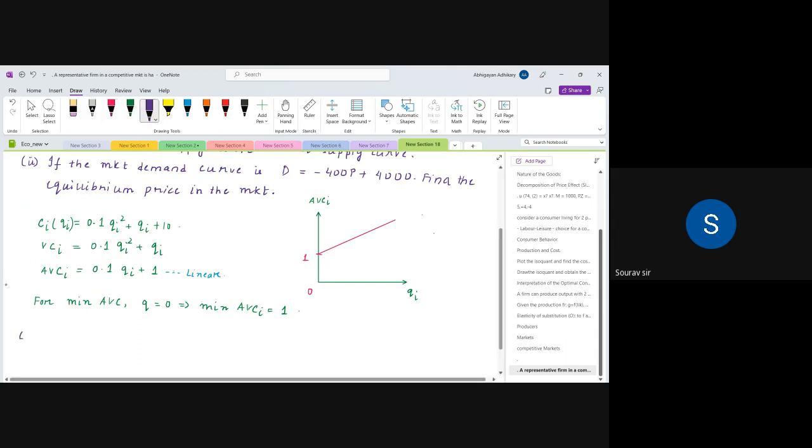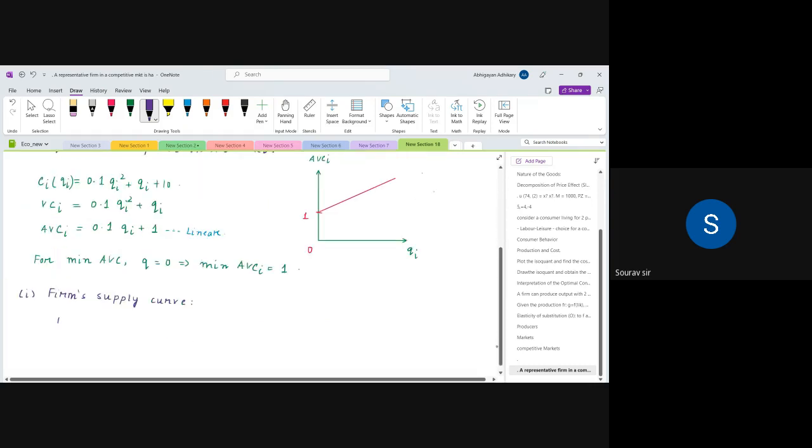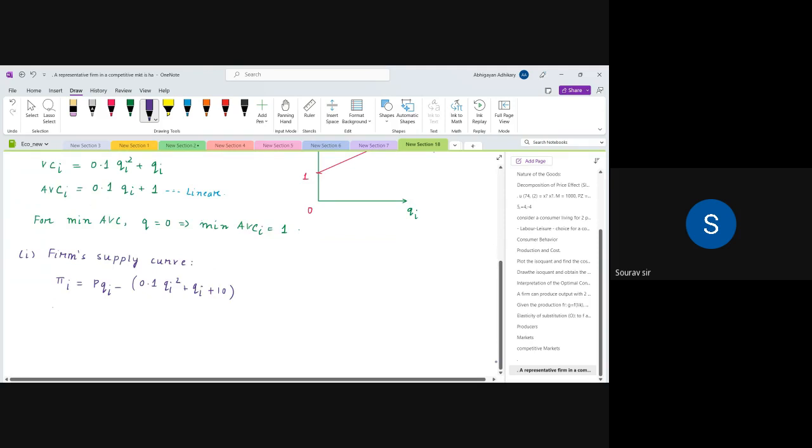Coming to part 1, finding the firm's supply curve. We write the profit expression, which is P times Qi minus Ci, that is, P Qi minus (0.1 Qi squared plus Qi plus 10). You maximize profit, so P minus 0.2 Qi minus 1 equals 0.